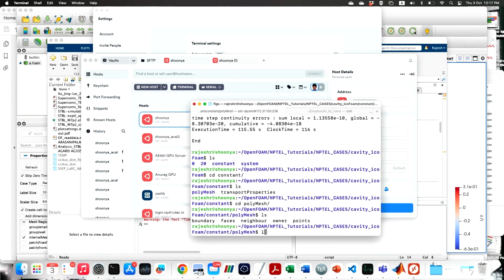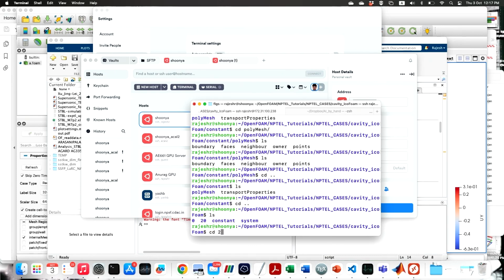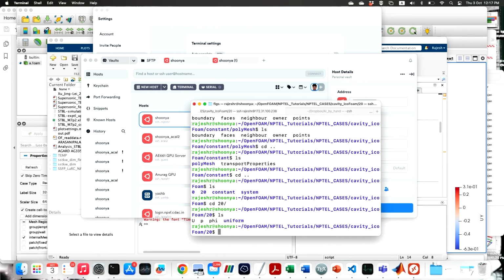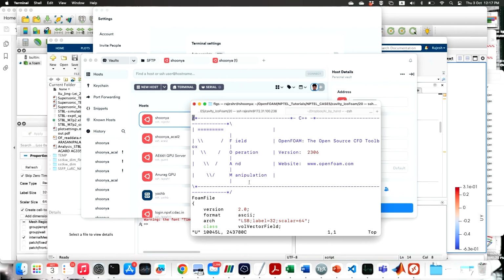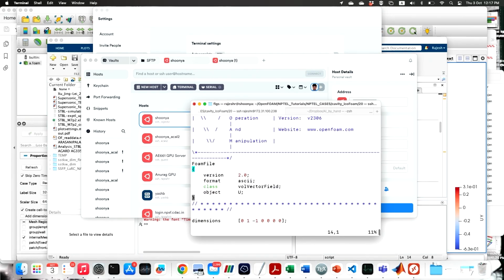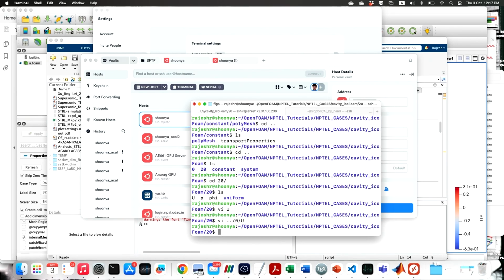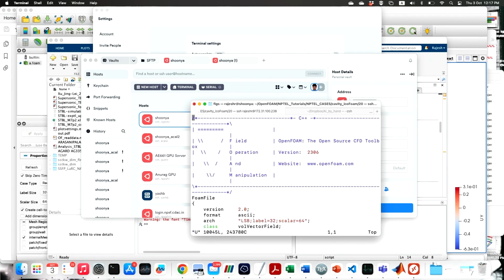You can see here, this is there for 20, and at every time you can see that it has created u. We had started, if you look at the file at 0, you had given some velocity which was uniform 0 0 0 in the internal field, but with time it developed, and now you have this new velocity field.